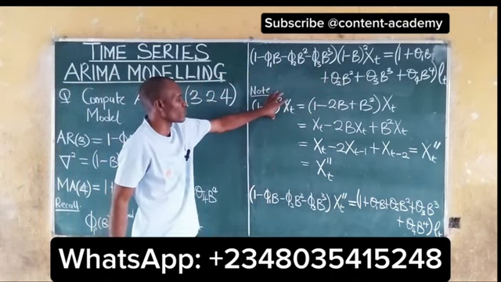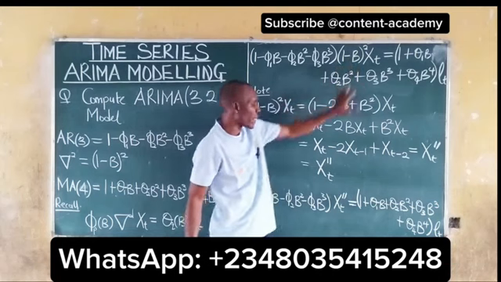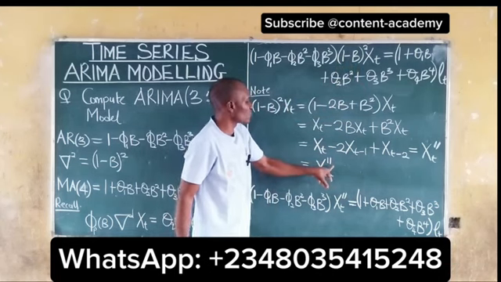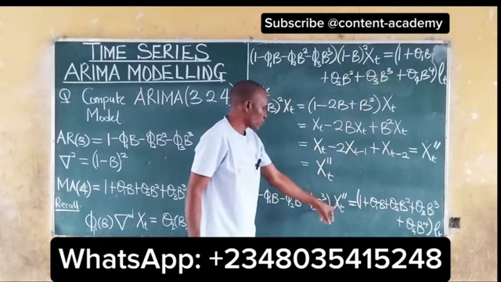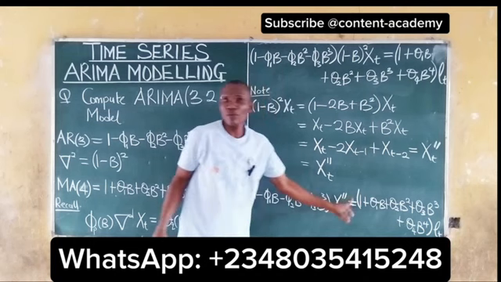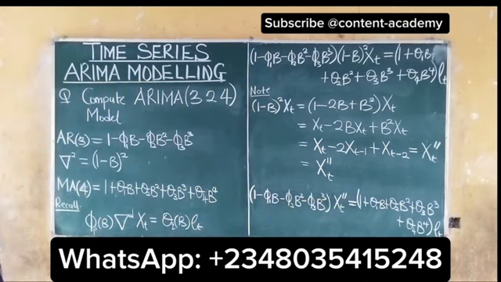For me to do that, we have to use the backward shift and set the differencing part equal to this. Since this is equal to this, wherever we see the whole of this, we put xt double prime. So we expand that.